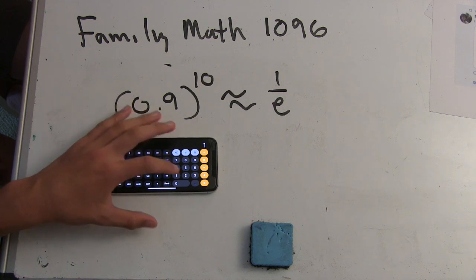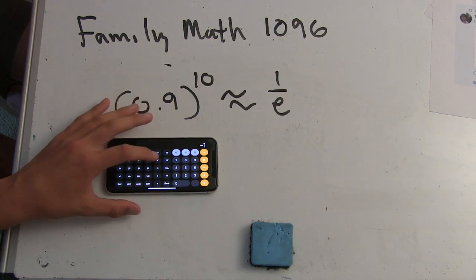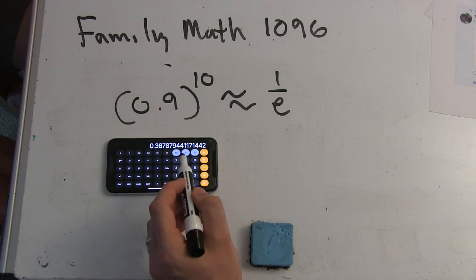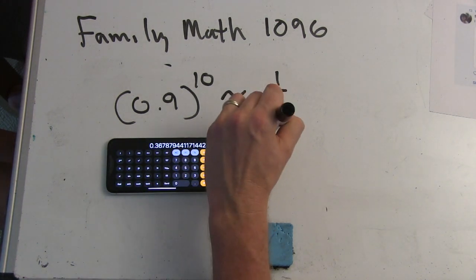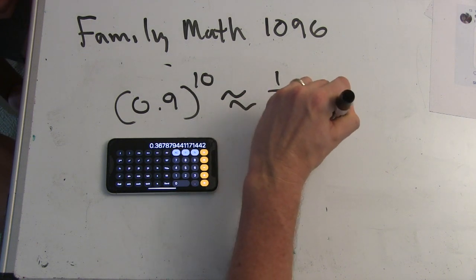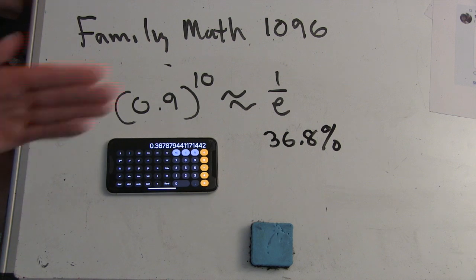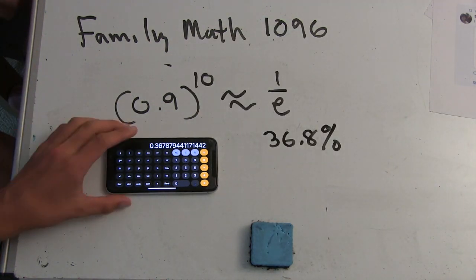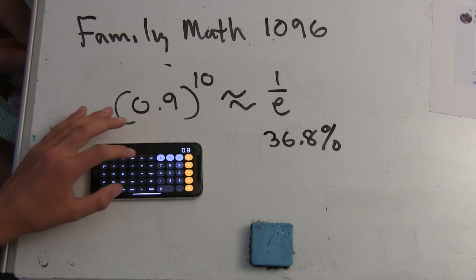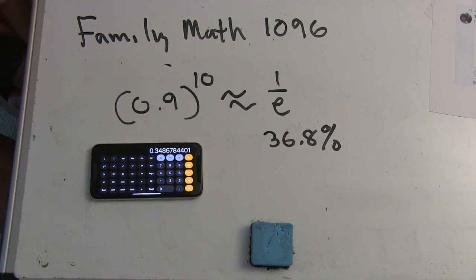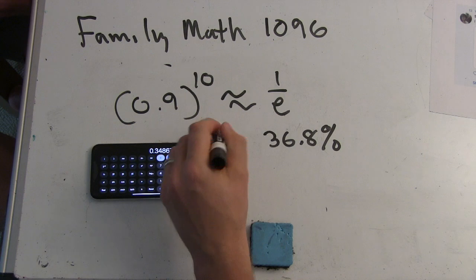Plus or minus, 1, and then e. 0.36, call it 36.8%. So that's roughly a 1/3 chance you're not going to have a vaccine. And let's do 0.9 to the 10th. 34.9%.